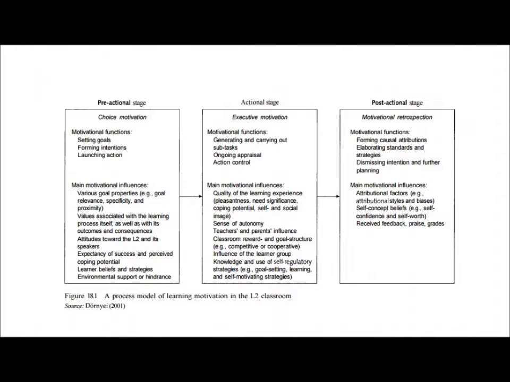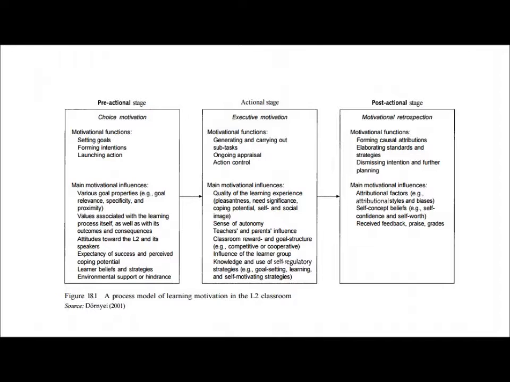There is a process model of learning motivation in the L2 classroom, where the first one is the pre-actional stage, or choice motivation, where the motivational functions are setting goals, forming intentions, and launching action.